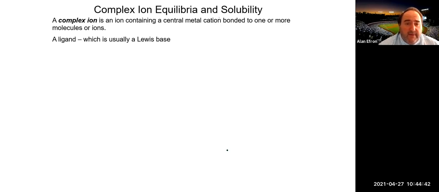So what we have here is basically what a complex ion is. It's a metal. And attached to that metal is a bunch of ligands.